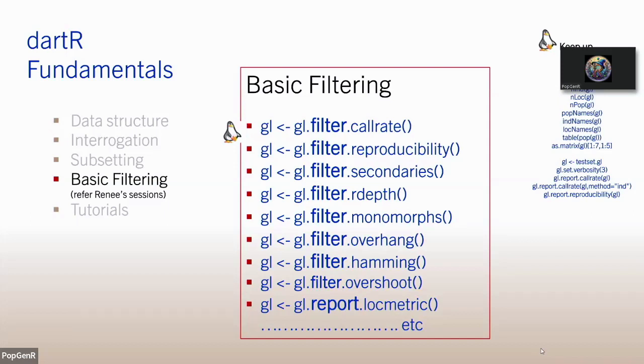You can filter on your Hamming, overshoot. That should be filtered at the bottom. You can filter on a loc metric, so you can say, okay, I want to filter on avpic, average polymorphic information content.